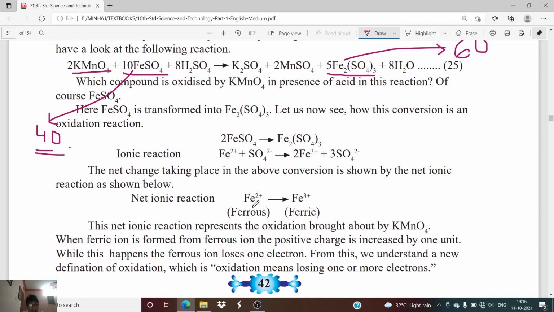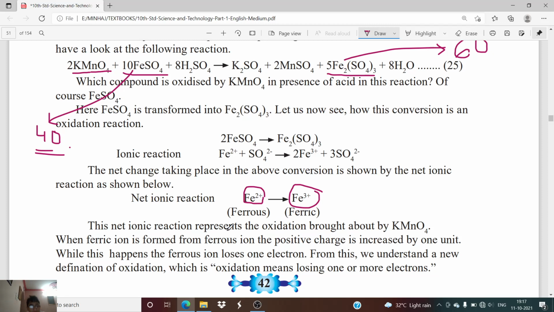The net change is that Fe2+ has been converted to Fe3+. The number of electrons is balanced by the donation of an electron by Fe. So we get Fe2+ converted into Fe3+, so ferrous is converted into ferric.